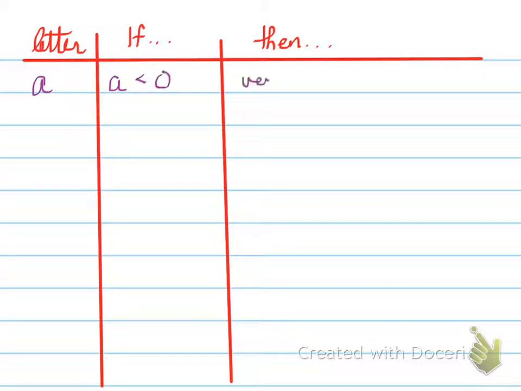If A is less than 0, we would describe it as vertical reflection. That means A is negative. If it's a negative value right after the equal sign, it would imply that there is a vertical reflection.